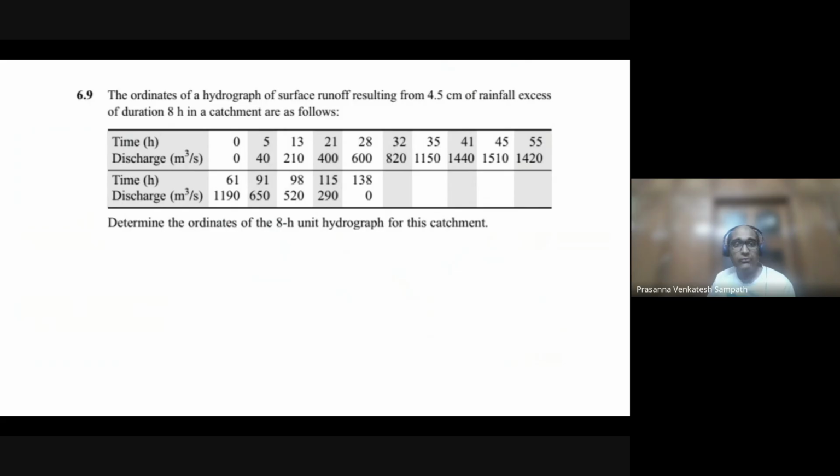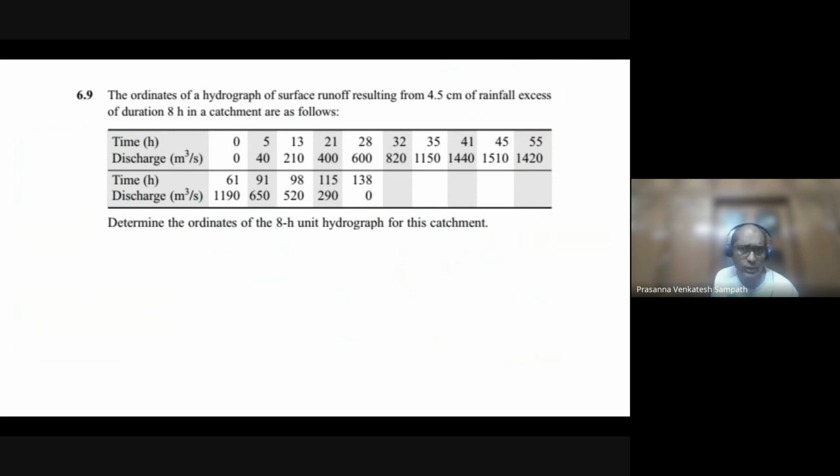So I have time from 0 to 138 hours, but it doesn't go in equal steps. Therefore, if you have to lag this hydrograph to add multiple hydrographs, then it becomes a challenge, right? Because you have to maintain the time difference between each successive time. That is the only difficulty in this particular problem.